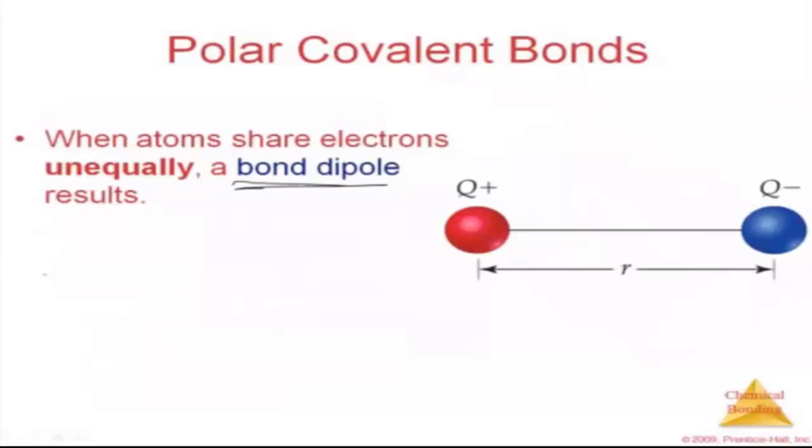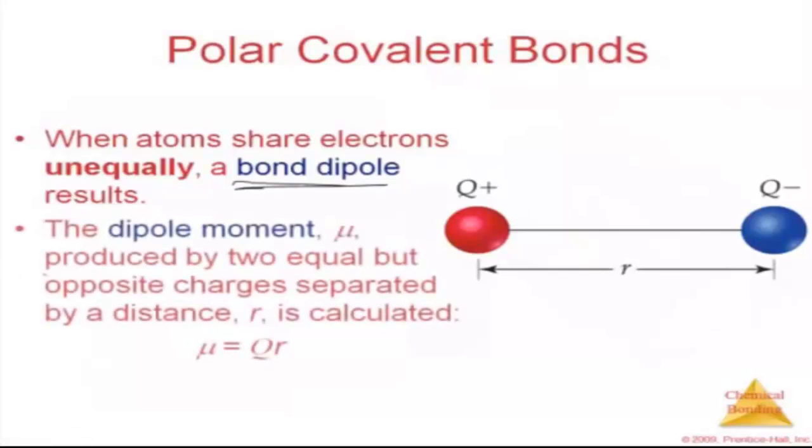There's actually a way to calculate what's called a dipole moment. It's got a value of μ, and it's produced by unequal charges separated by distance. Now we're not going to actually calculate these, but you do need to be able to compare the differences in the dipole moments based on differences in electronegativity.